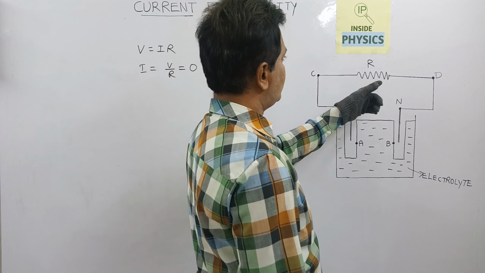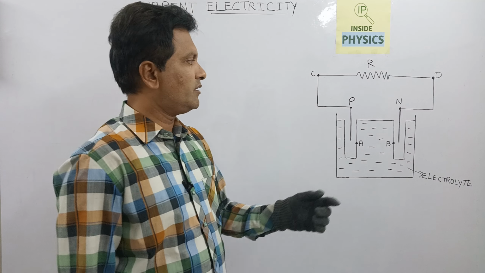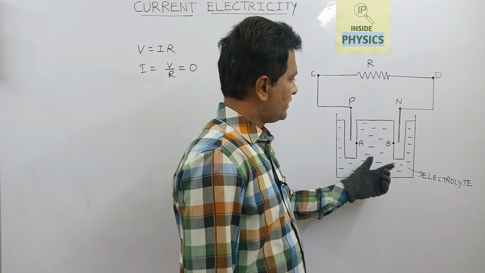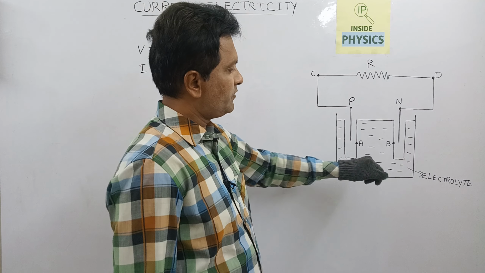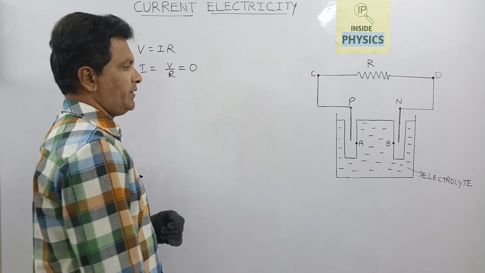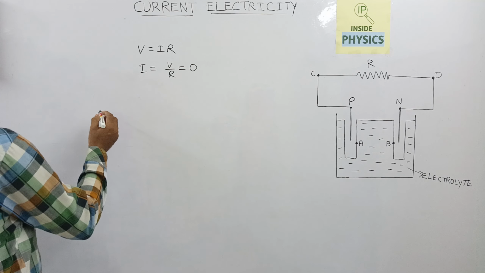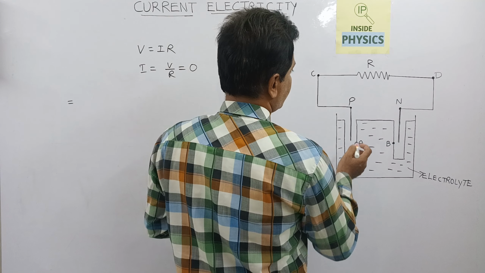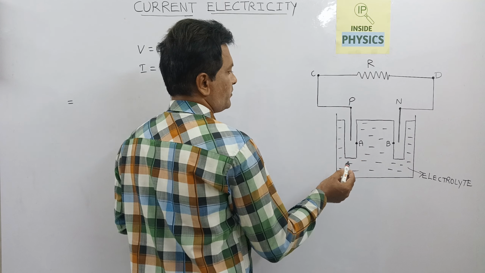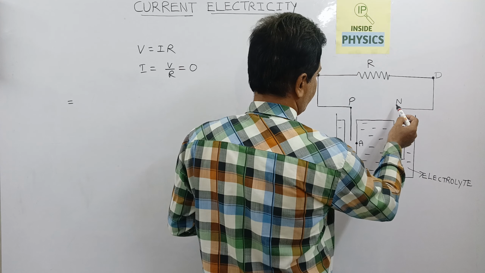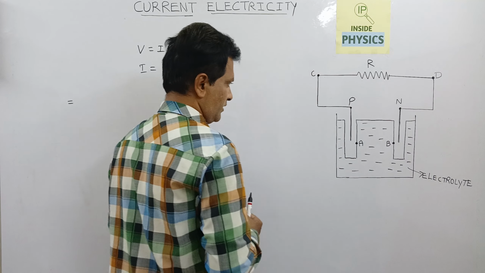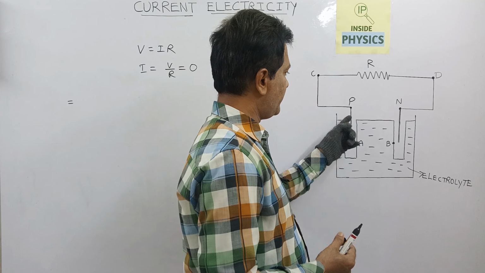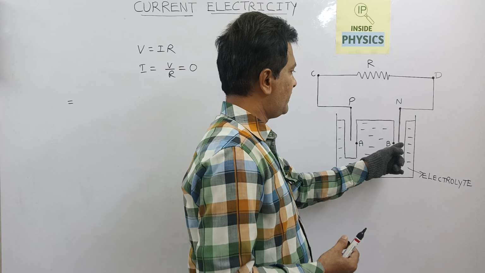If no current is drawn from the battery, then the EMF of the cell or battery is the sum of the potential differences: between P and A, between A and B, and between N and B.